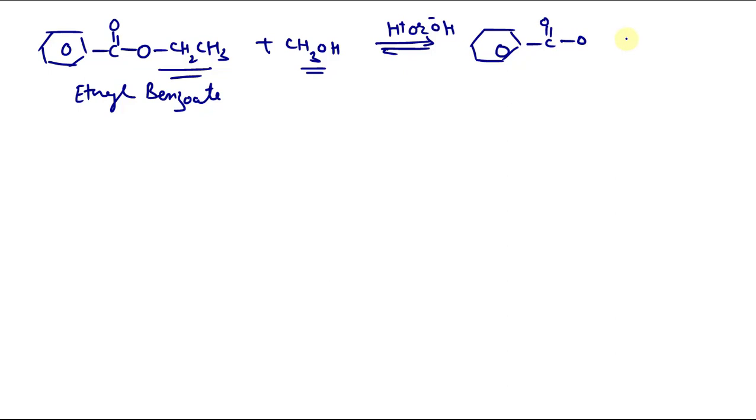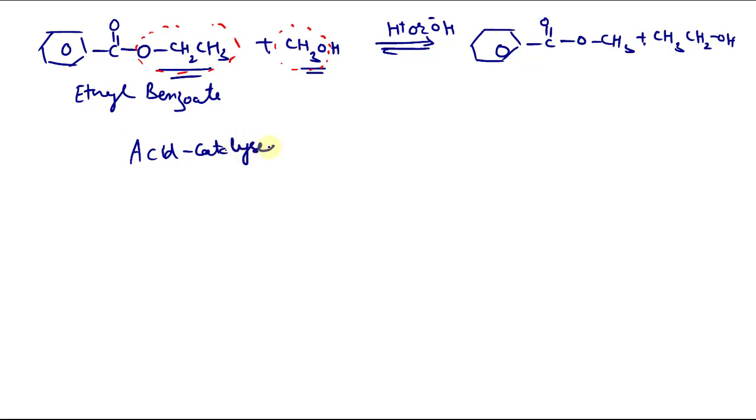One alkoxide group is replaced by another alkoxide group, that is the definition of transesterification. You can see this group is being replaced by this group. So this is the transesterification reaction. Under acidic condition it will be called acid catalyzed, whereas under basic condition we can call it base catalyzed.